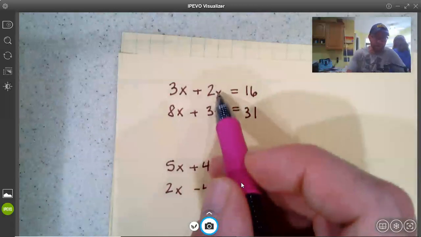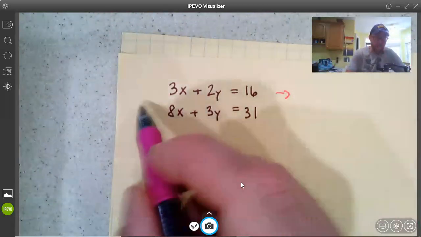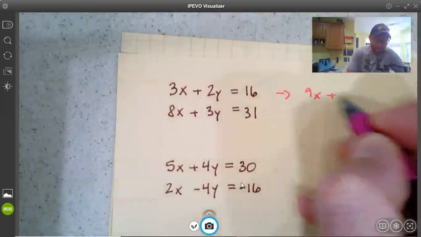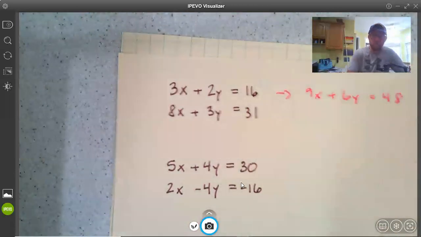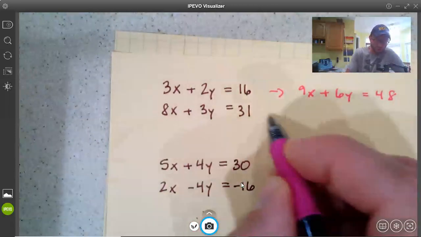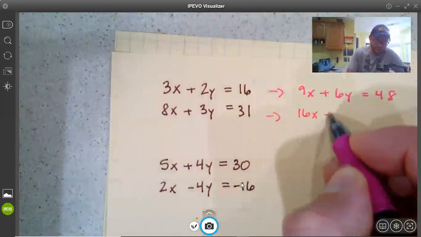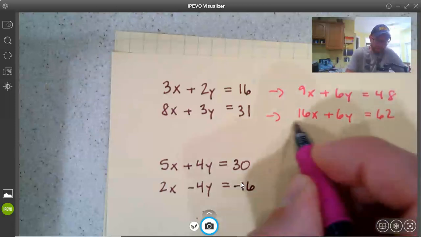For example, here I have 2y and 3y, so I'm going to take this first equation and multiply everything by 3 to get 9x plus 6y equals 48. And down here I'm going to multiply everything by 2 to get 16x plus 6y equals 62.